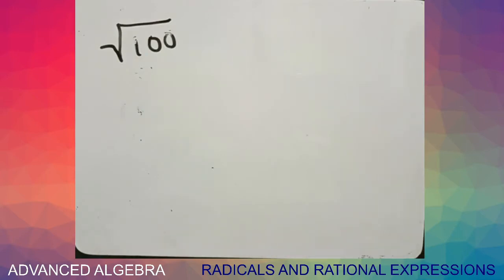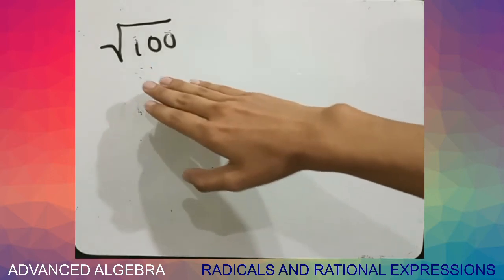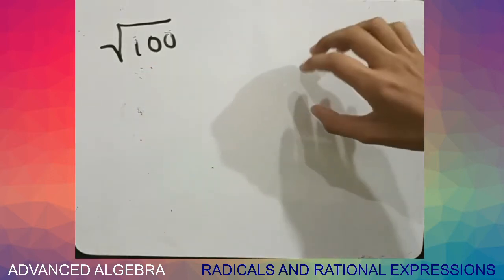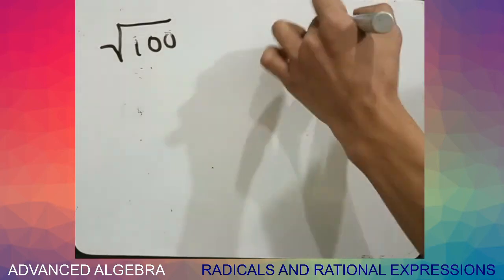Pag sinabing perfect square root, ito yung dalawang number na pinag-times mo. Okay? Perfect square root, kunwari the square root of 25.